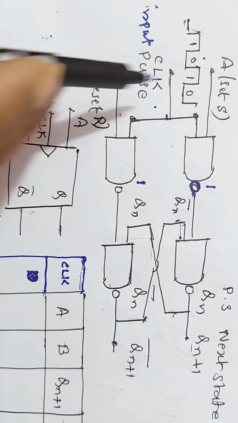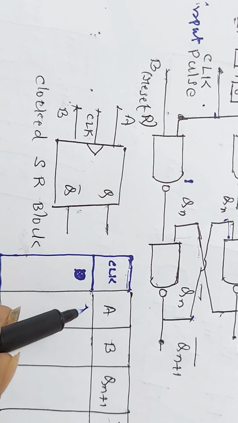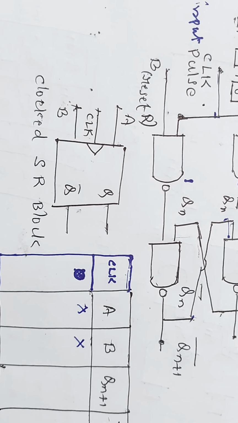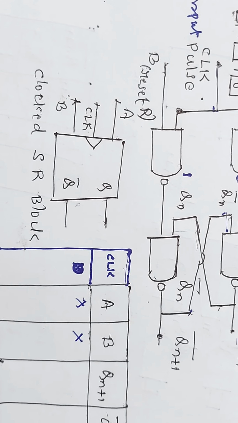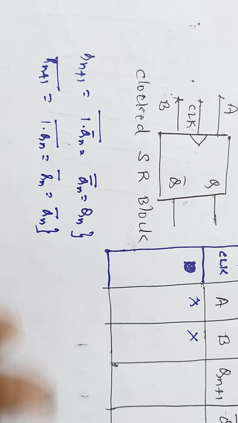Therefore, whatever may be the inputs A and B, when the clock pulse is 0, Qn plus 1 remains as Qn, and Qn plus 1 bar remains as Qn bar.